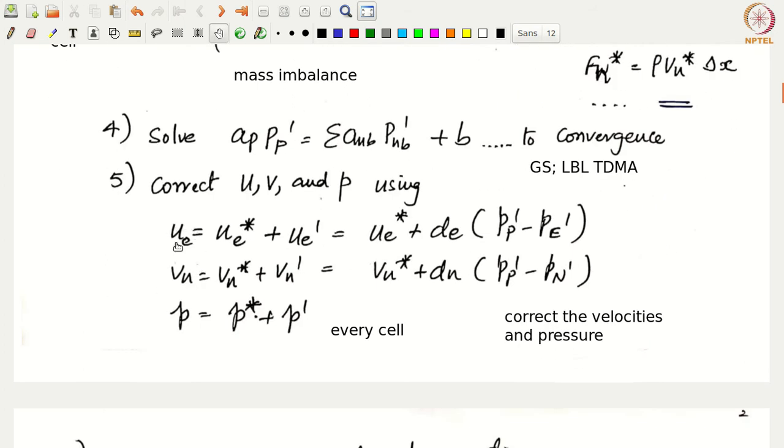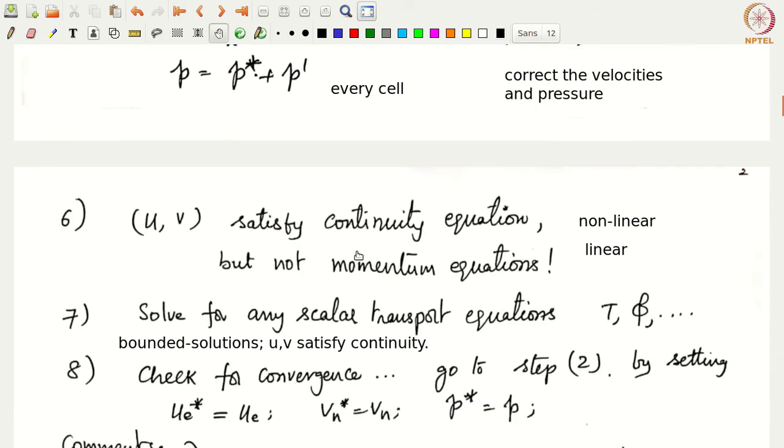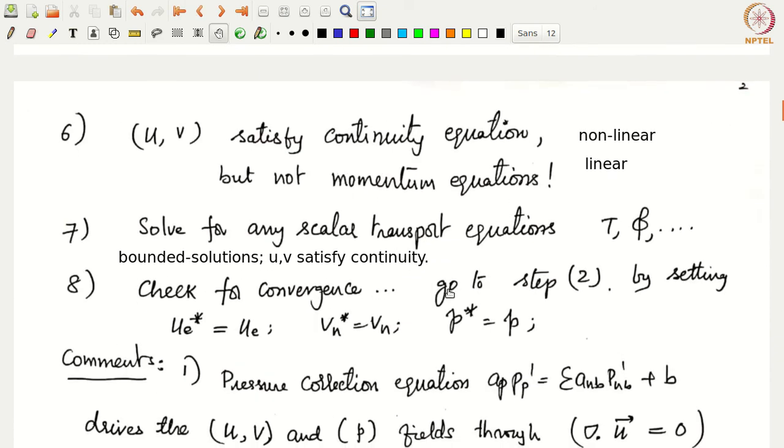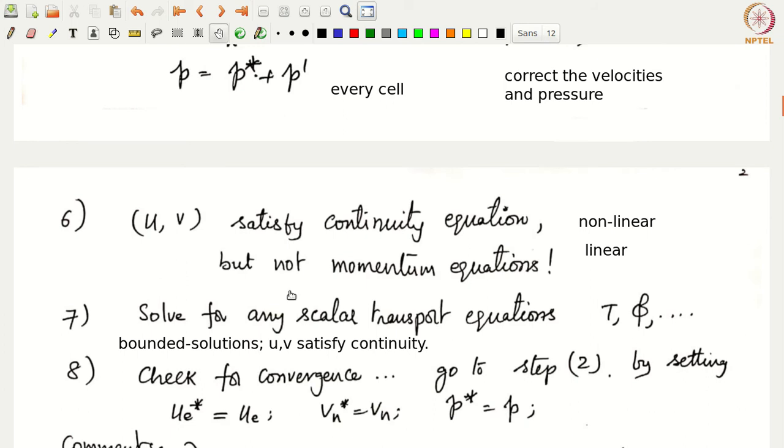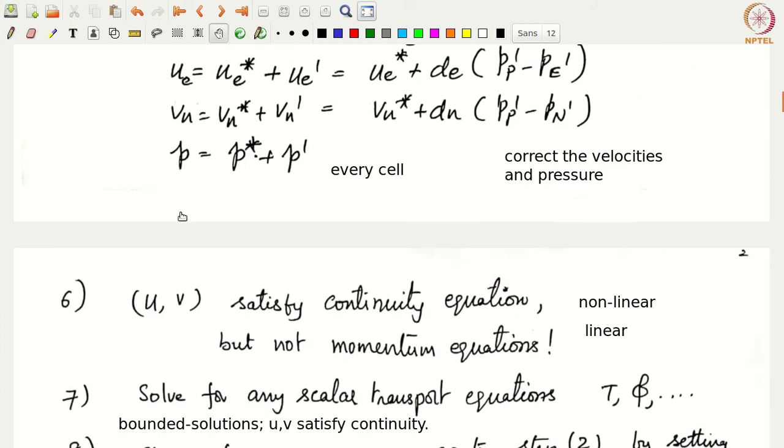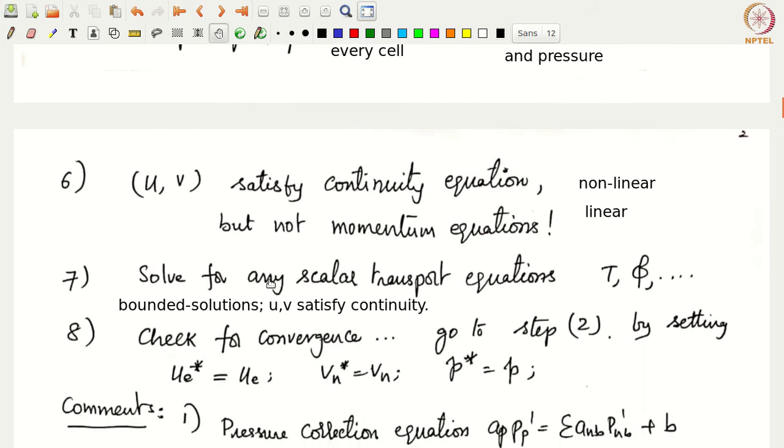These will most likely be different from what you have guessed, and as a result, we will not converge. So you go to step 2 by using the new guess values as whatever you have just obtained. That means your ue star, vn star would be whatever ue and vn you got after the correction step. So you would use that and go back to step 2.